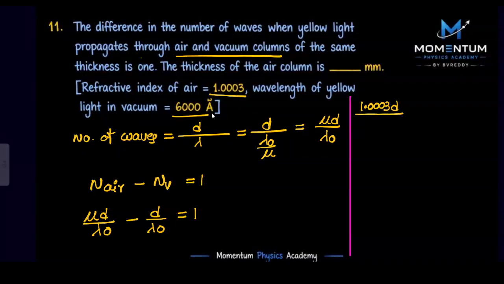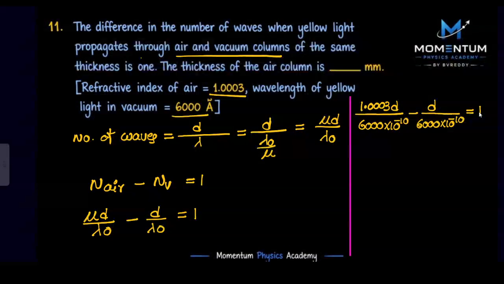The wavelength is given as 6,000 angstroms. Angstrom means 10 power minus 10. D we don't know. This lambda naught is 6,000 into 10 power minus 10.